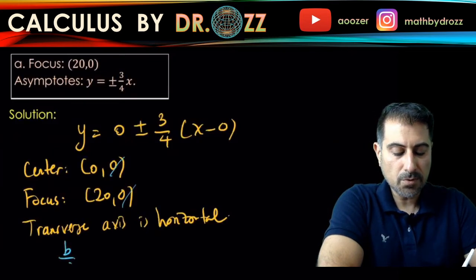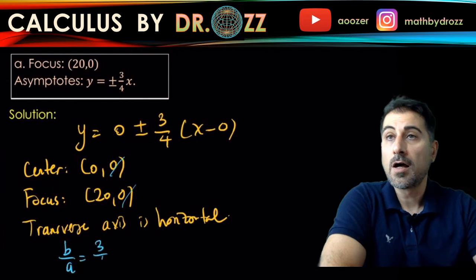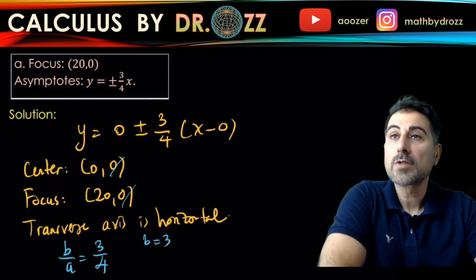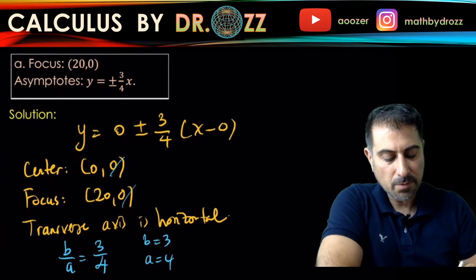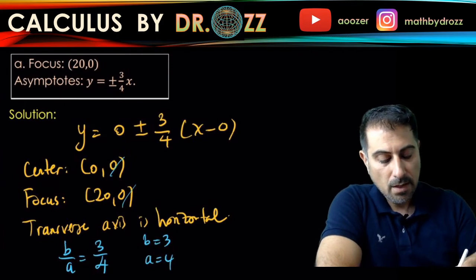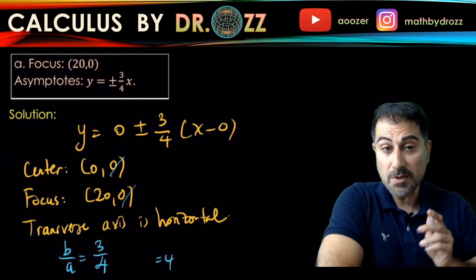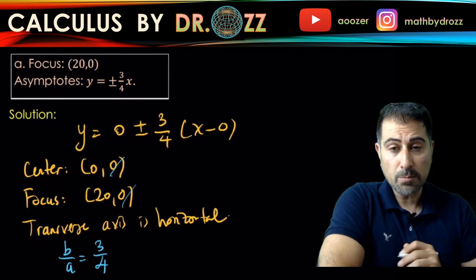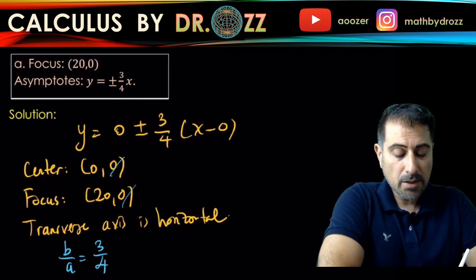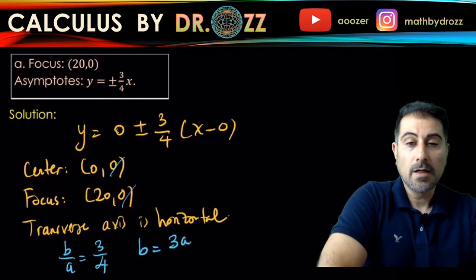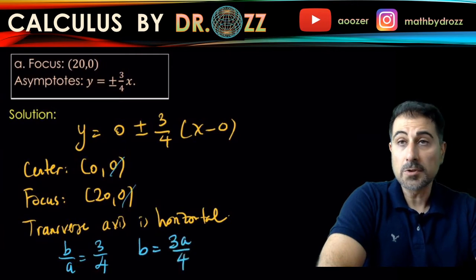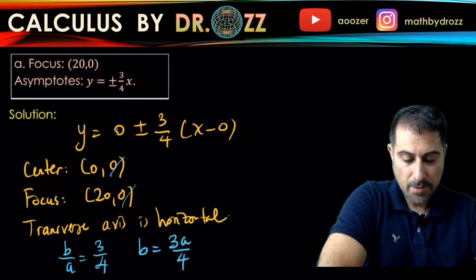These are in fact ratios, so let me keep it this way, because we don't know exactly what the numbers are. We know the ratio, so I can write that b equals 3a over 4. So 3/4 of a is exactly equal to b.